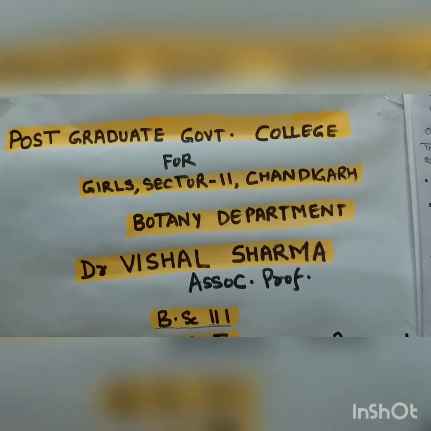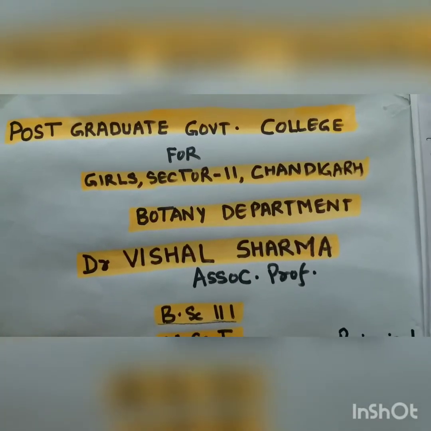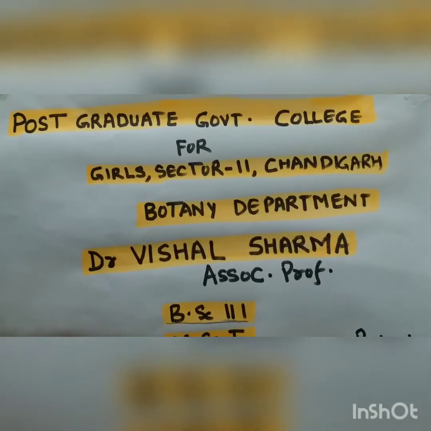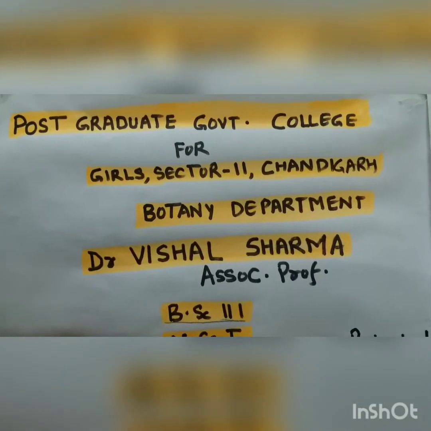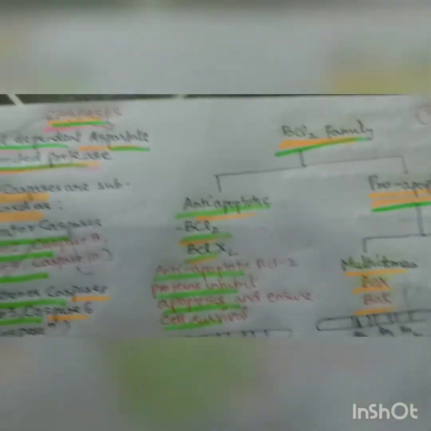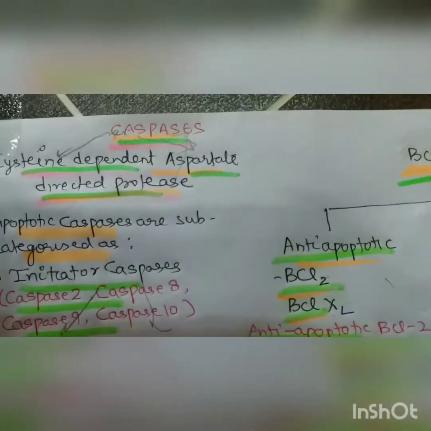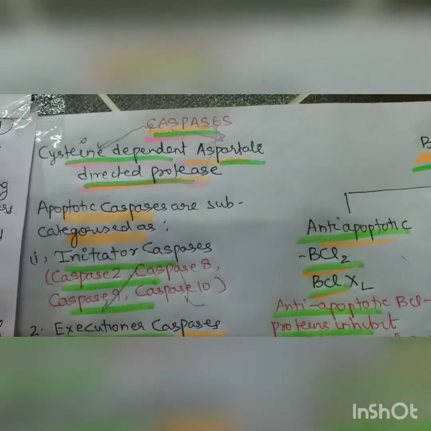Today we are doing the concluding part of apoptosis. Before starting that, I just want to revise. First, what are caspases? These are cysteine-dependent aspartate-directed proteases.